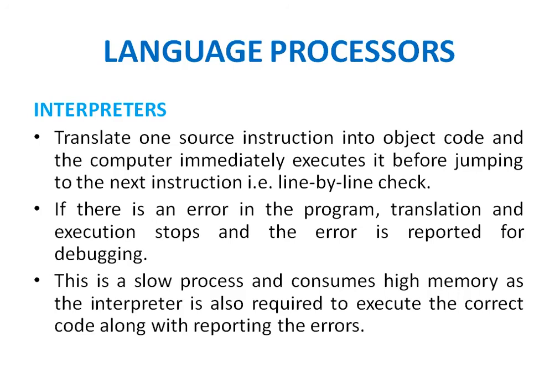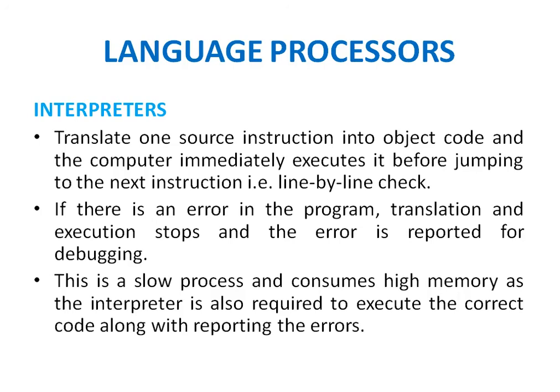So as soon as we write a command or instruction in the languages which use the interpreter, it checks and jumps to the next instruction only after converting the previous instruction to the object code.